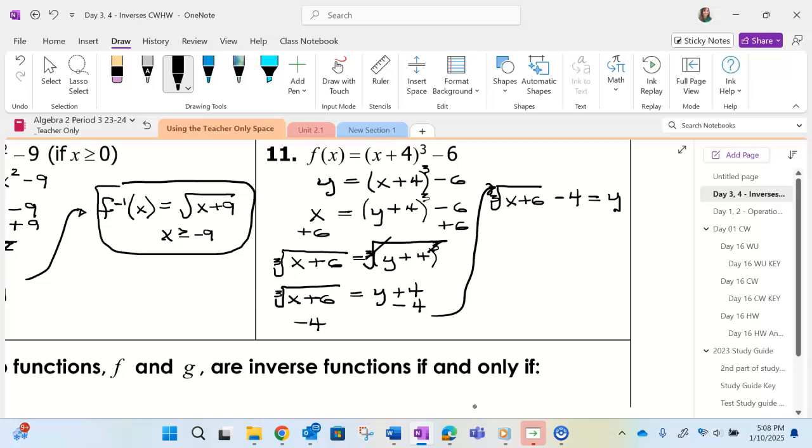And the only thing left to do is to change that. So let me rewrite this. The cube root of x plus 6 minus 4 equals f inverse of x. Now, I do not have to set a restriction on this problem because cube roots can be positive and negative. So any number works in this case.